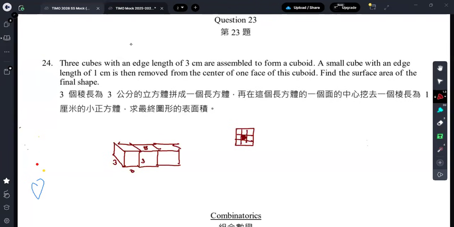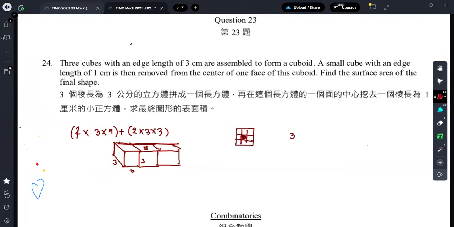So this will become 3. This is 3 by 9 times 2. Then this is also 3 by 9, times 4. Plus 2 times 3 by 3.